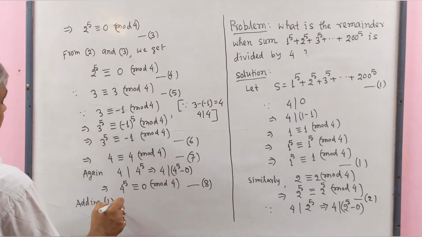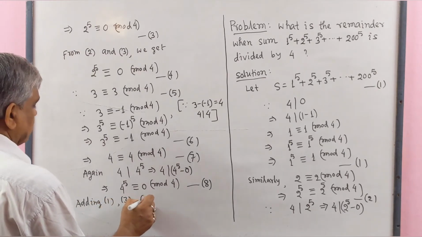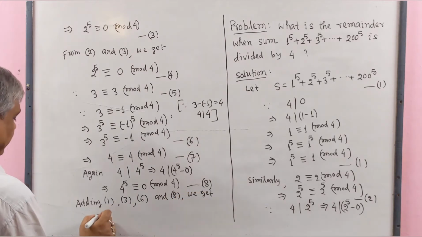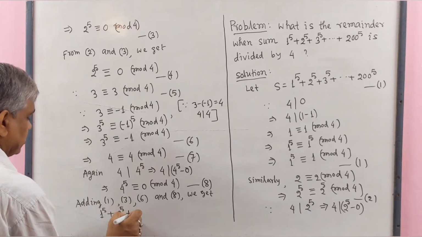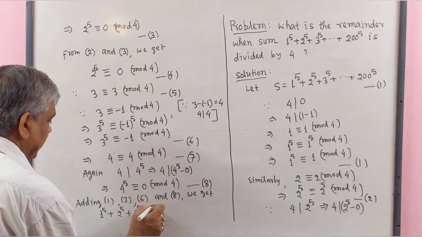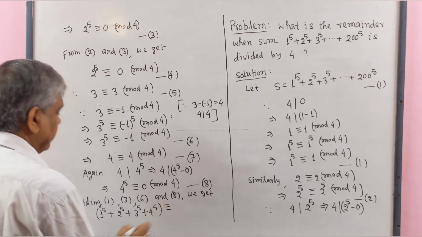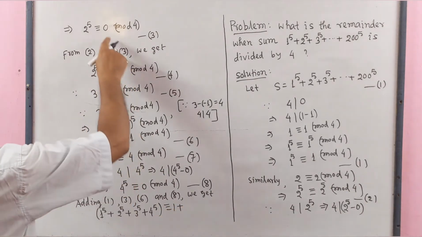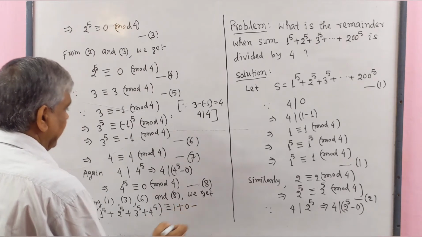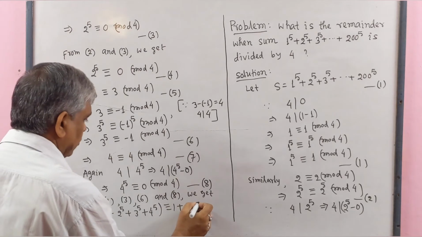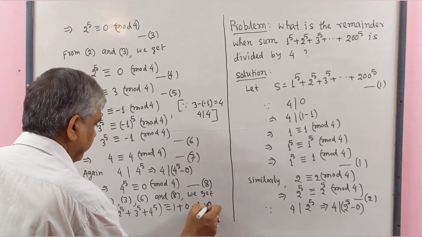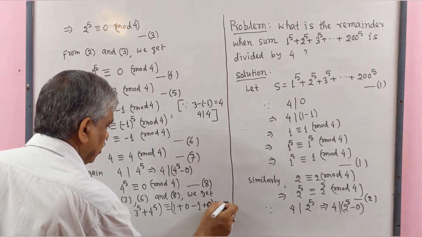Adding 1, 3, 6 and 8, we get 1 to the power 5 plus 2 to the power 5 plus 3 to the power 5 plus 4 to the power 5 is congruent to, right side 1 plus 0 minus 1 plus 0 modulo 4.